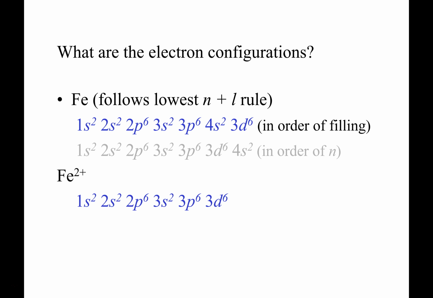Where do you think it's going to lose from? Yep, 3d, it's going to kick off one electron. So for the Fe+3, it looks like this: 1s2, 2s2, 2p6, 3s2, 3p6, and now it's a 3d5 instead of 3d6.